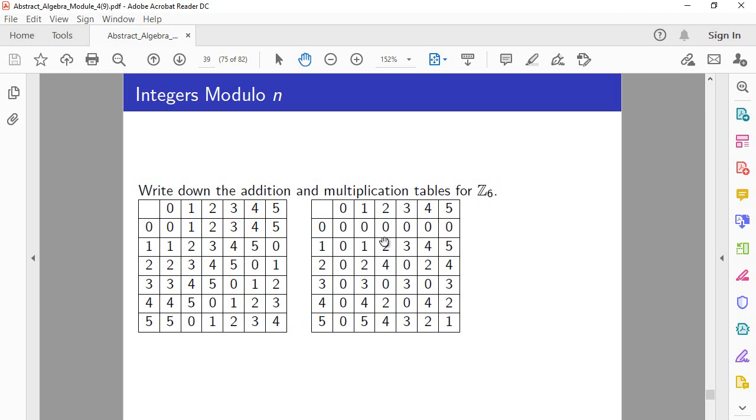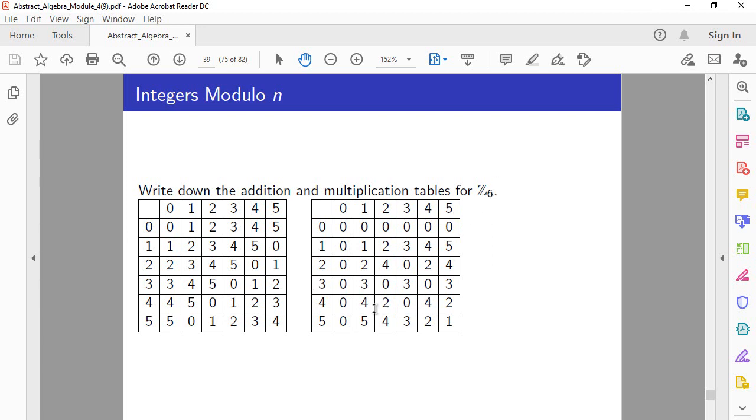And this is the multiplication table. Let's say I multiply 3 and 4. Here is the column for 4, and here is the row for 3. If I multiply 3 and 4, I'm getting 0. Why? Because 3 times 4 is 12, and 12 modulo 6 is 0. Let's do another one.